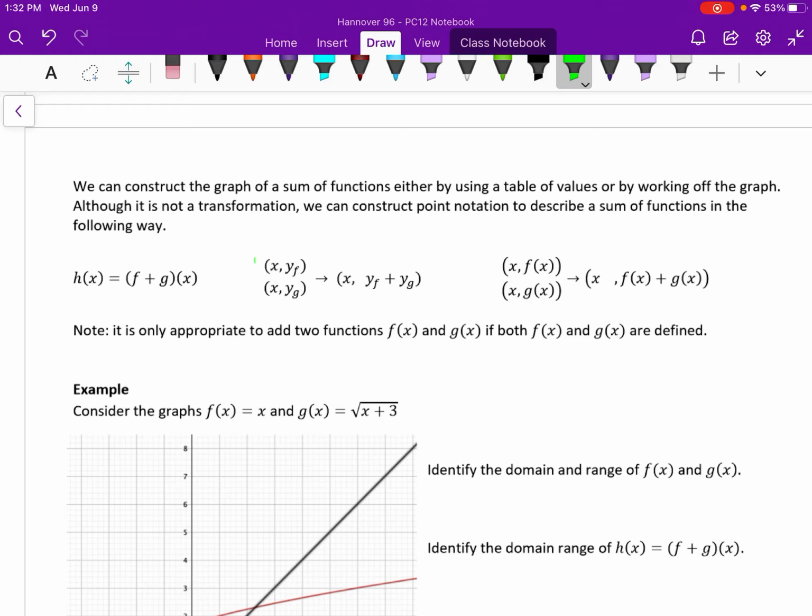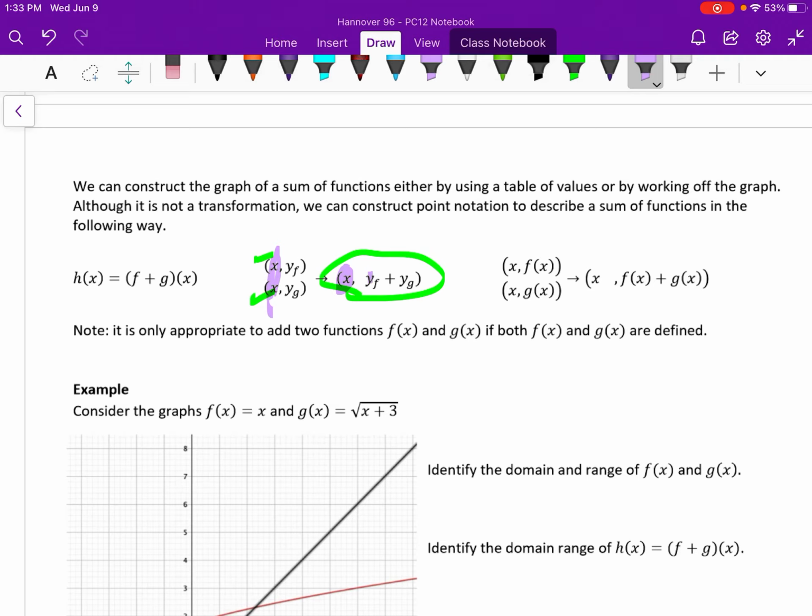But what we see is that f has an xy value at x comma y subscript f. Then the function g would have the point x comma y subscript g. Simply, to get the new point, we would just add the y values of f and g while keeping x the same. These x's are the same.